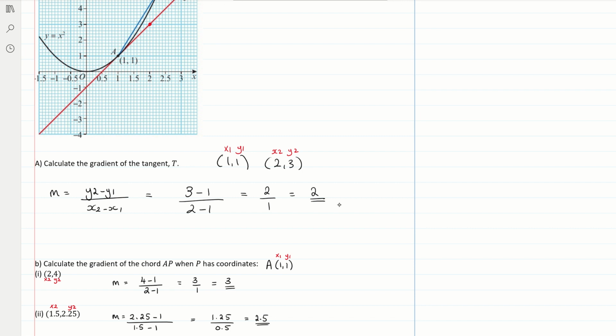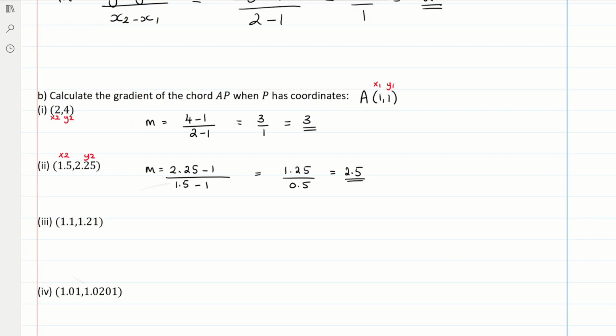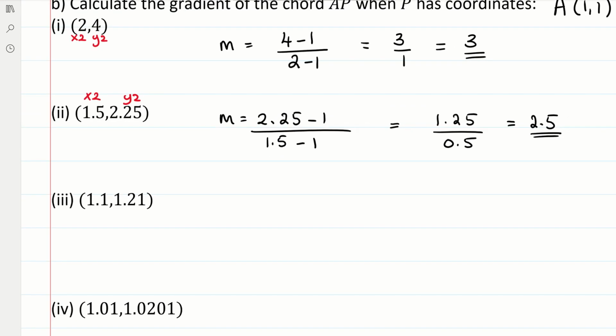We started with the point 2, 3, then 2, 4, but then we're moving closer to A, so that point P is shifting, and it's getting closer to A, and then it's getting closer still, because 1.1 is closer, and 1.21 is also closer, so x2, y2.